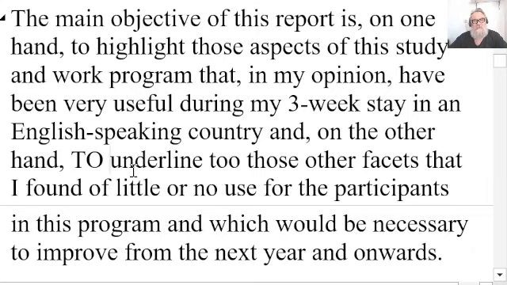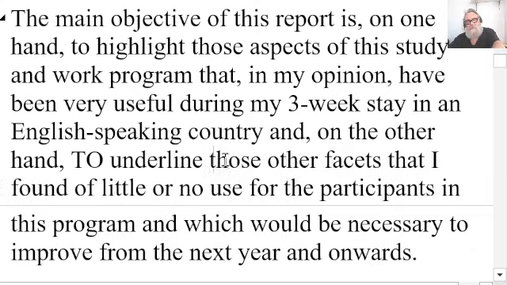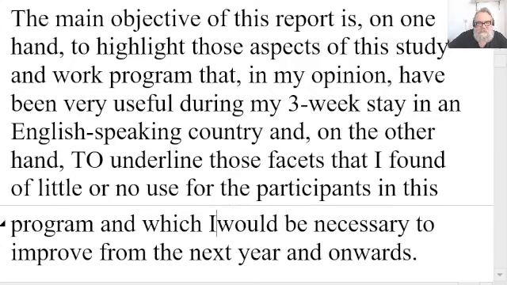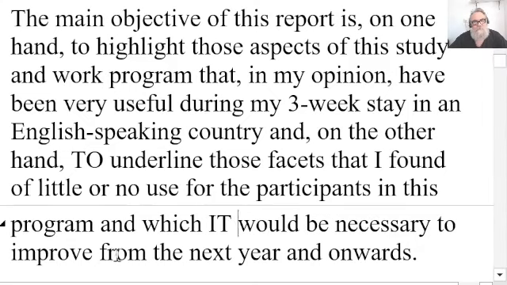Okay, to underline, I think "too", and on the other hand, you've already said "too", you don't need it. And to underline those facets that I found of little or no use for the participants in this program, and which I would say it would be necessary to improve from the next year and onwards.